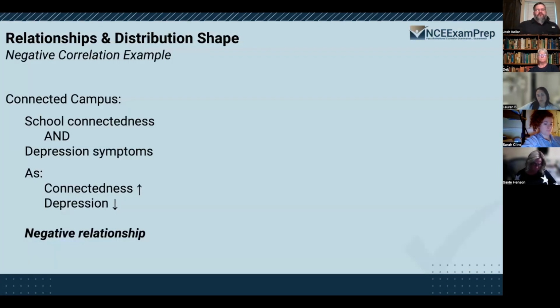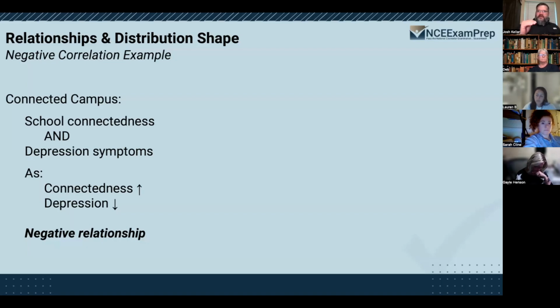Now let's look at a negative correlation example with the connected campus sample study: being connected to school, like classmates, and depression symptoms. As the level of student connection to one another increases, the depression scores decrease.